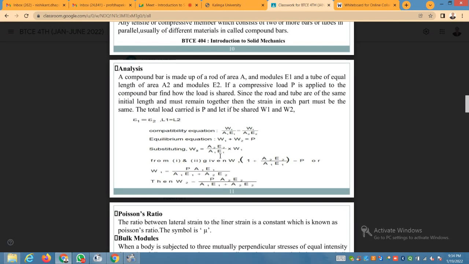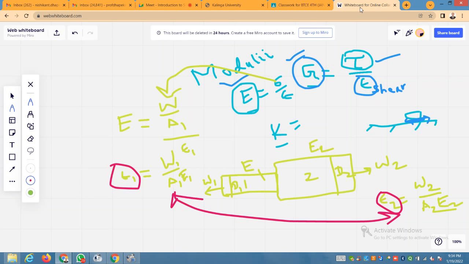So in this way we can employ the compatibility equations and equilibrium equations. You know very well, the summation of all the horizontal forces is equal to 0 if the body is in equilibrium. So you can easily apply the equations of equilibrium.